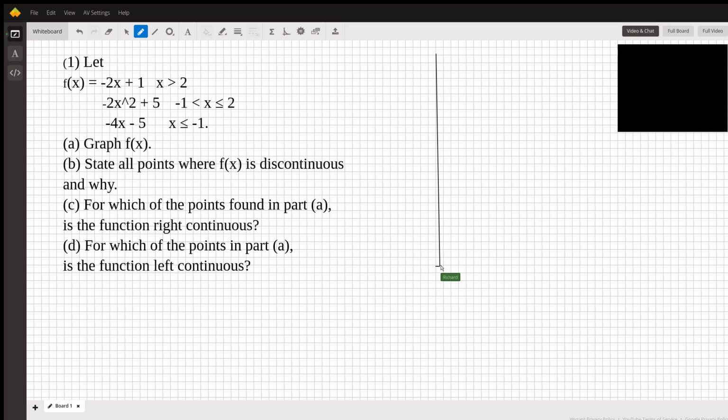Get that straightened out. Unfortunately, neatness counts on this problem, so let's do our best here. And we're going to color code these pieces to make it easier to see, and then we'll just plot them.